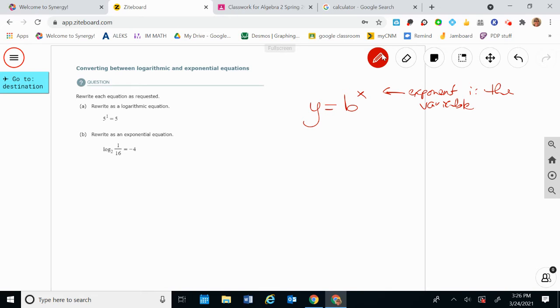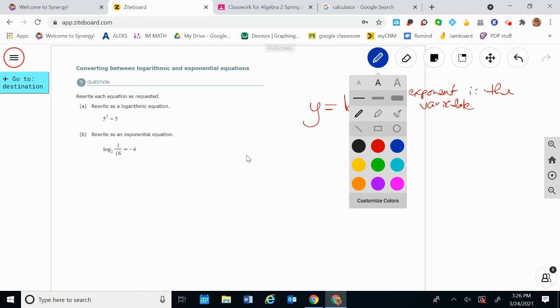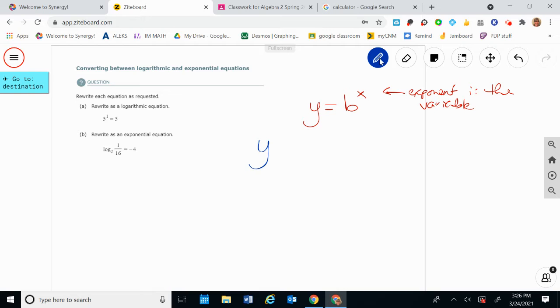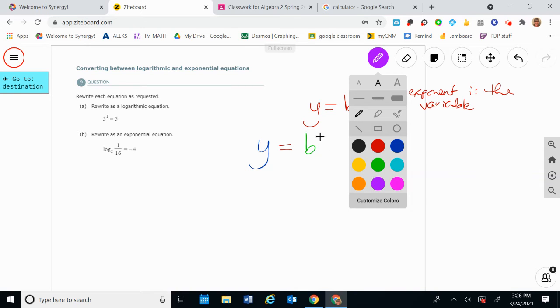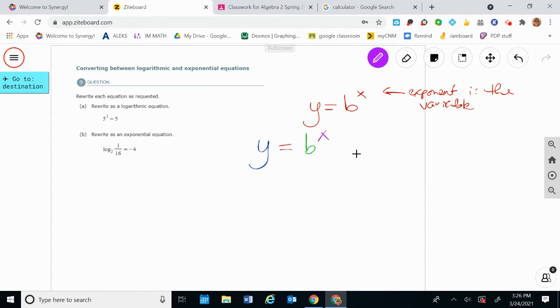So to convert it, actually, I'm going to use colors. Y equals b to the x. Okay, you can go back and forth between log notation and exponential notation like this.